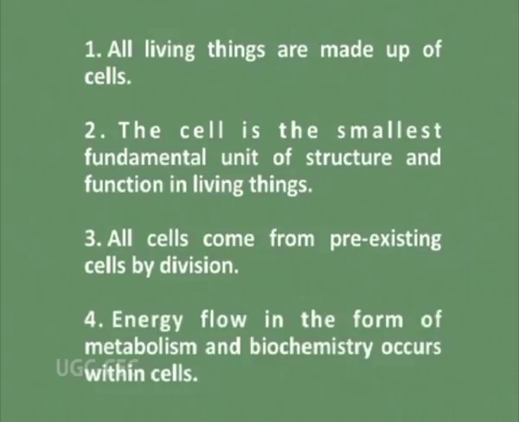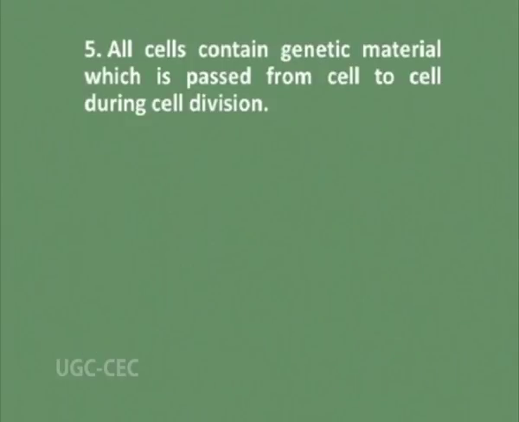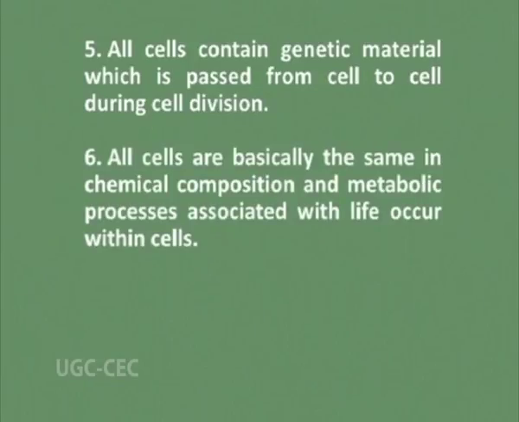The fourth one is energy flow in the form of metabolism and biochemistry occurs within cells. Fifthly, all cells contain genetic material which is passed from cell to cell during cell division. The next is all cells are basically the same in chemical composition and metabolic processes associated with life occur within cells.